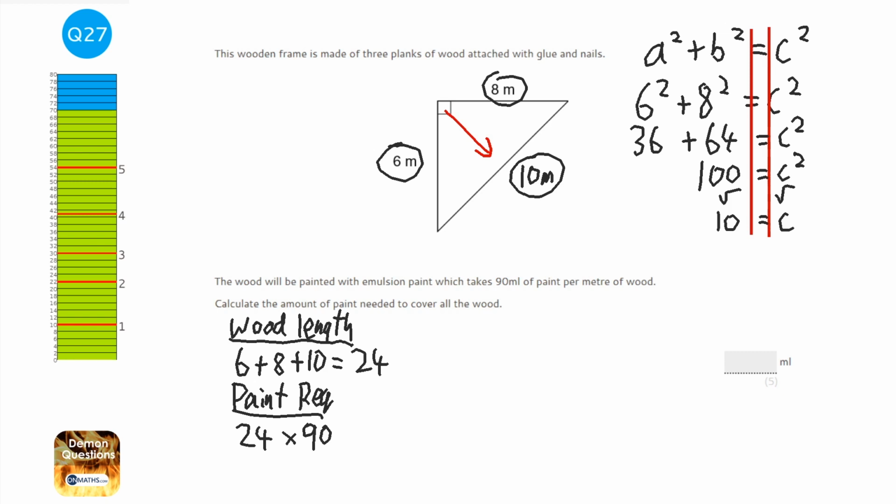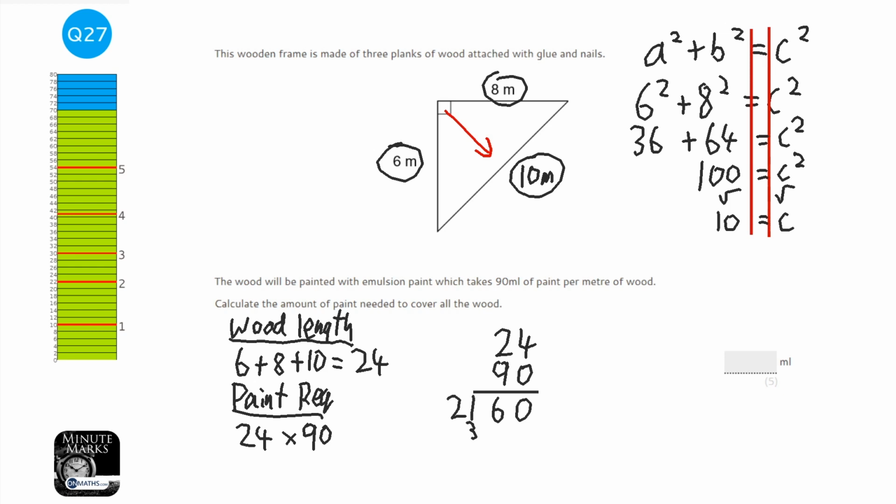So we can do this with the grid or column method. Doesn't really matter which one. I'll do the column, why not? So 0 for the first one. And then we're going to do 90 times 4, so we need to add a 0. 9 times 4 is 36. 9 times 2 is 18, plus the 3 is 21.